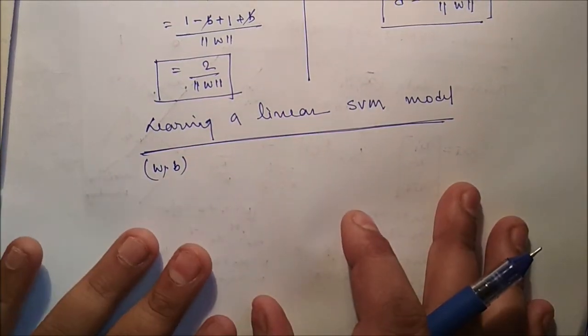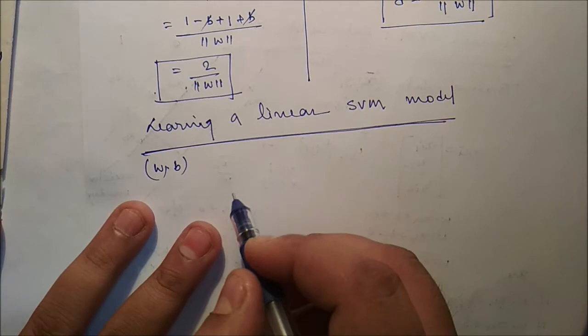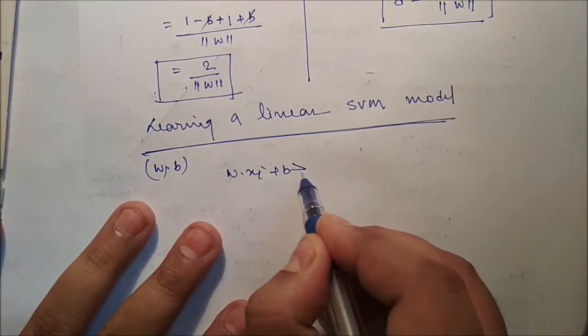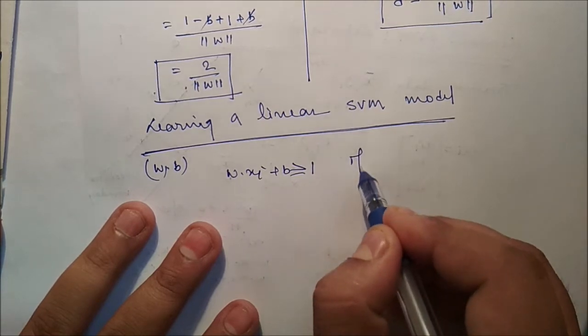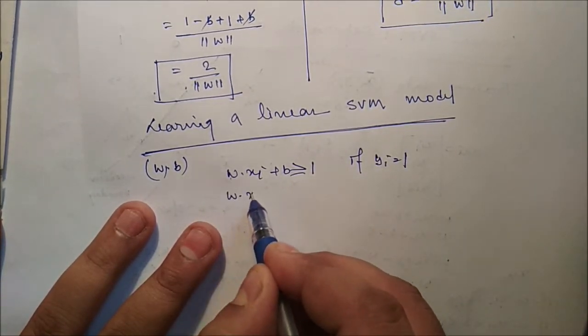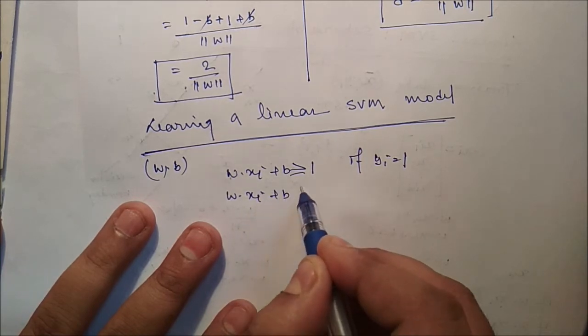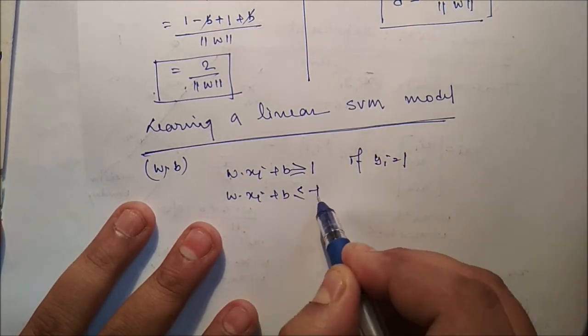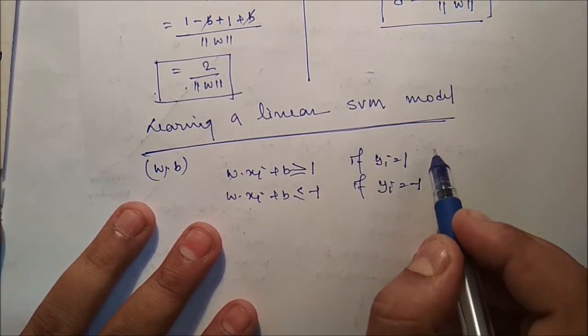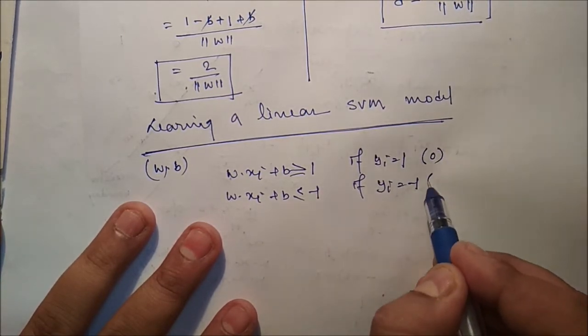The conditions are: w dot xi plus b must be greater than or equal to 1 if yi is equal to 1, and w dot xi plus b should be less than or equal to minus 1 if it belongs to class label minus 1.